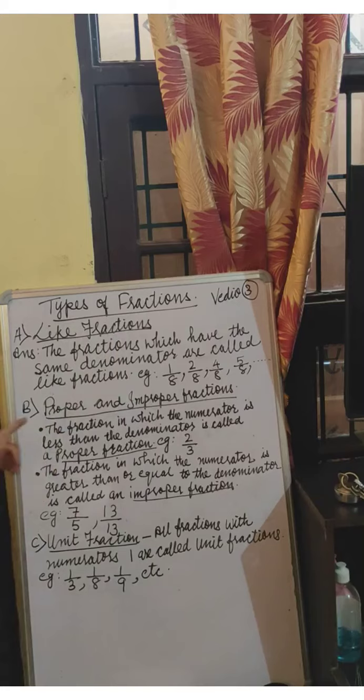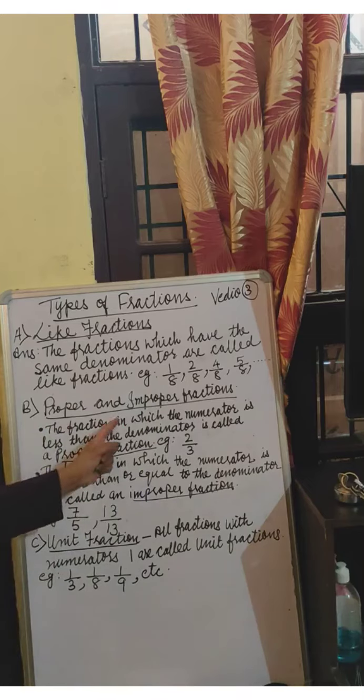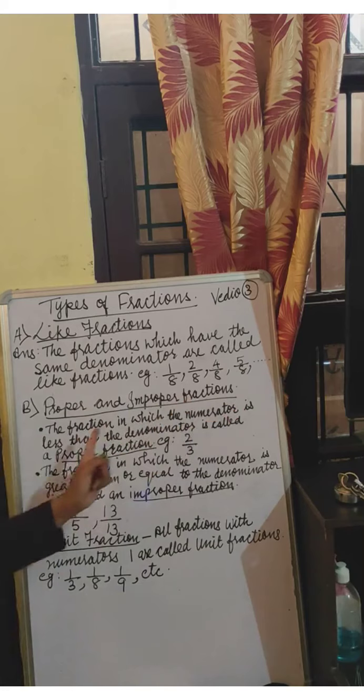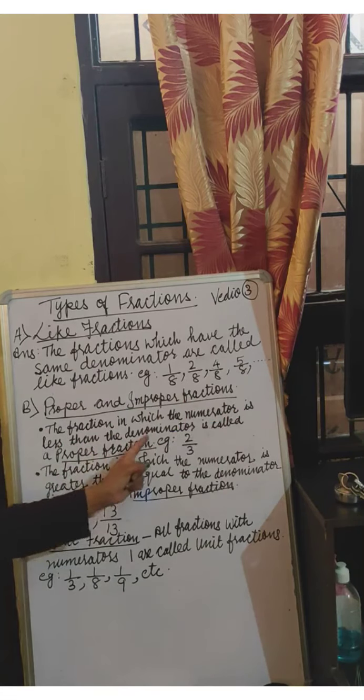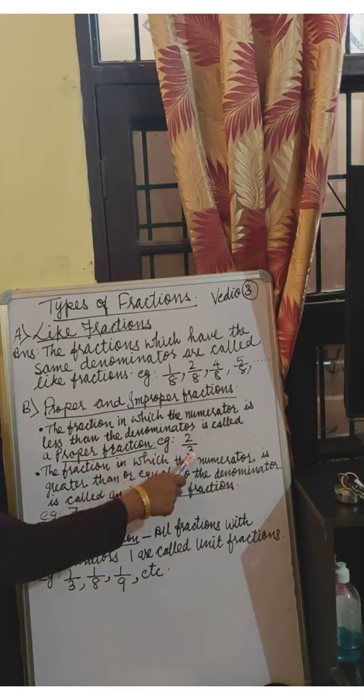Now B, proper and improper fractions. First we learn proper fractions, then improper fractions. Proper fractions: the fractions in which the numerator is less than the denominator are called proper fractions. For example, 2 upon 3.